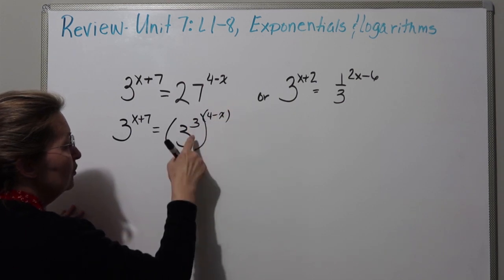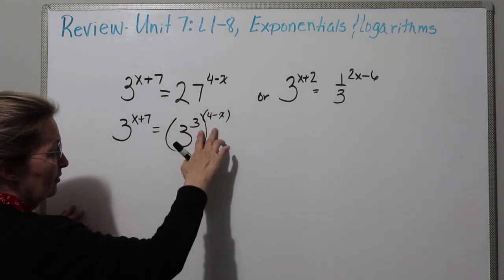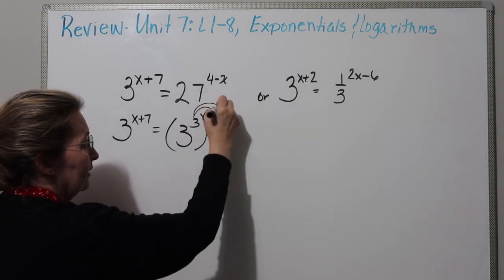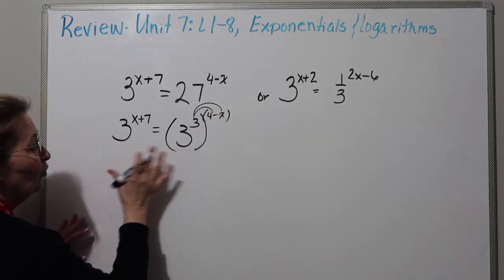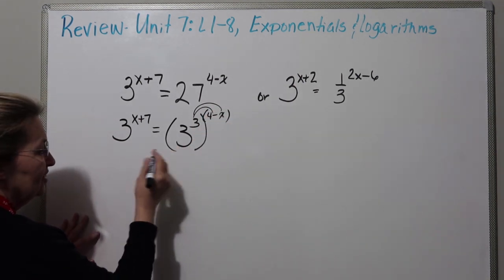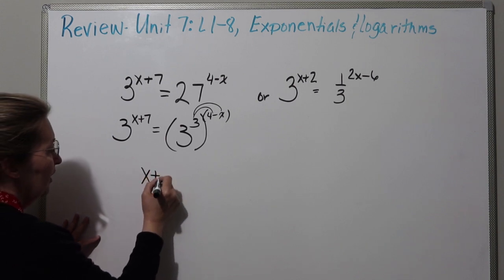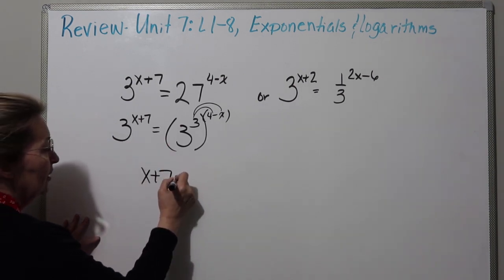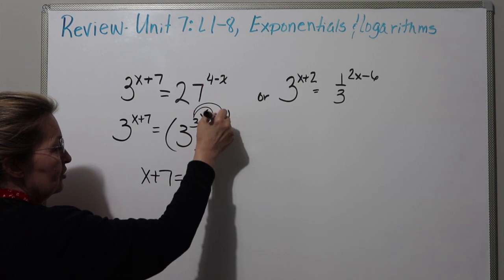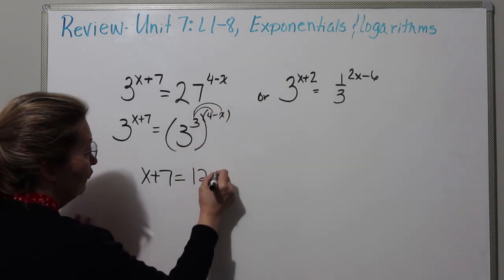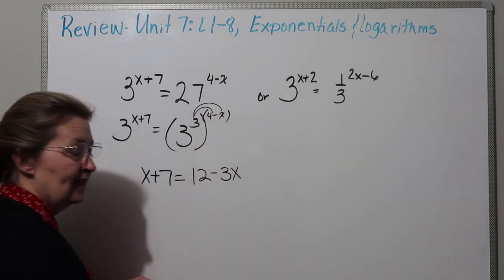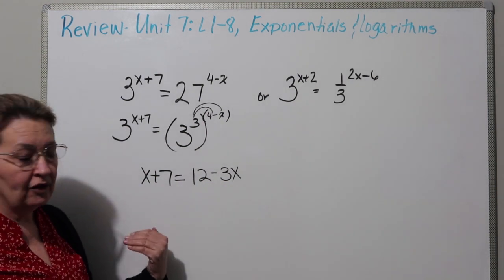Now, what do you do when you have an exponent to an exponent? Well, you multiply by distributing, and we can now use our 1 to 1. Let's kind of skip a step. We're going to put x plus 7 from right here equals. Now, what happens when I distribute the 3? I get 12 minus 3x. And now I'm ready to solve the linear equation.